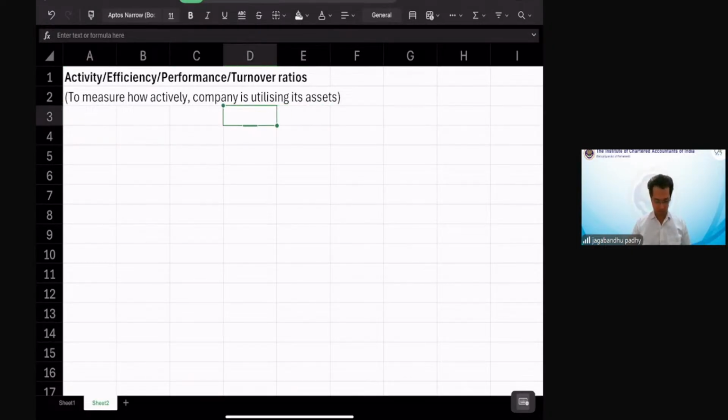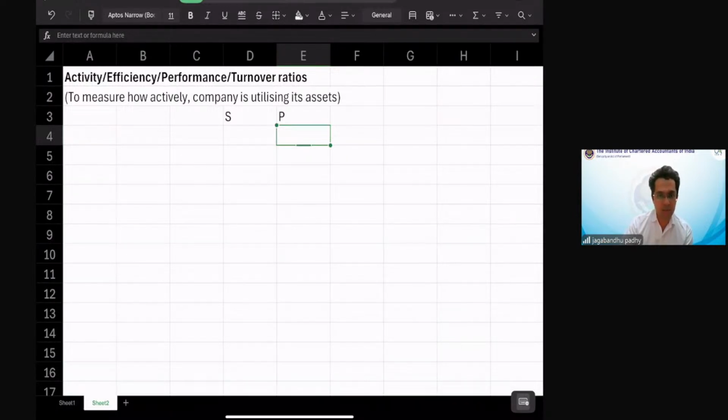Okay, so we have S and P. Let's say we have got two companies. Now, these companies are definitely going to tell us how actively we are utilizing the assets. So let me just take an example.